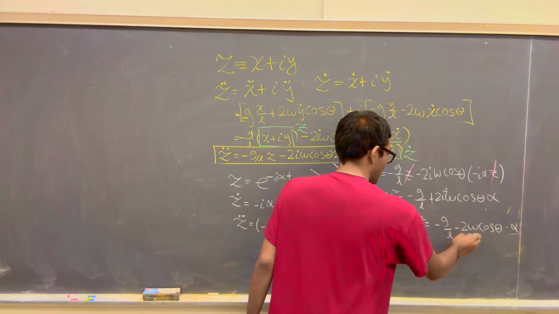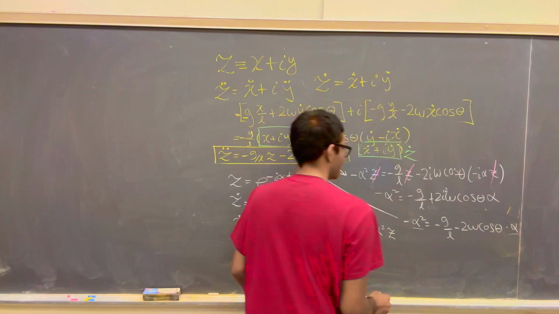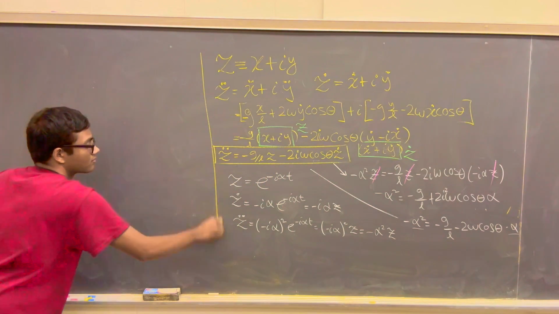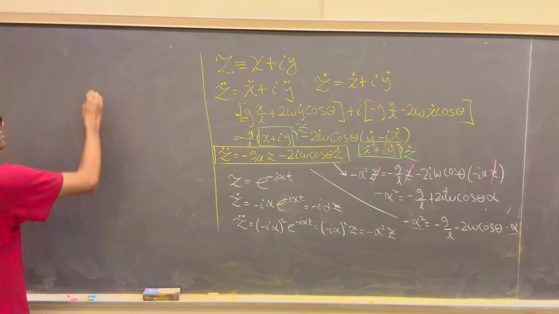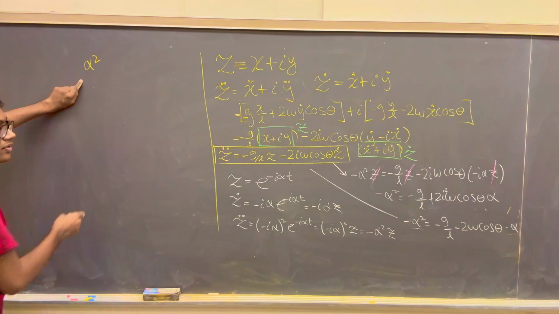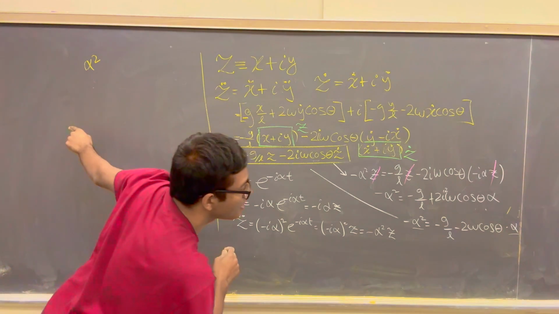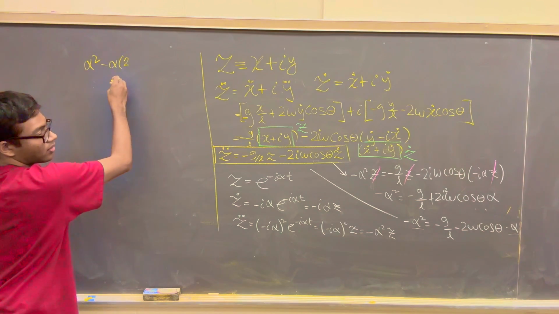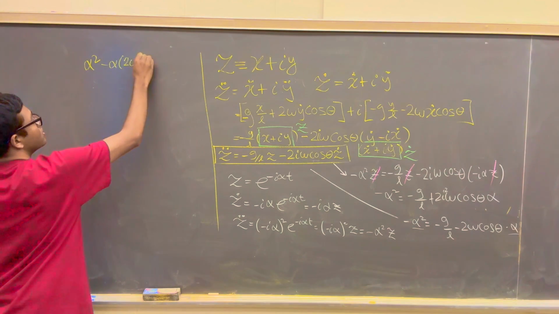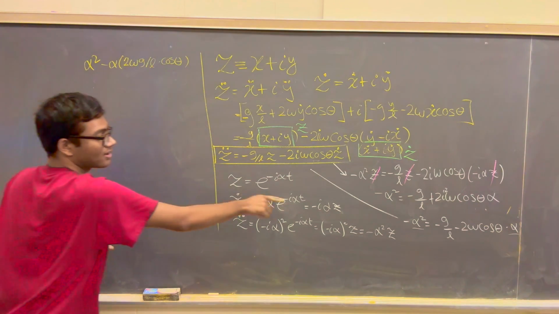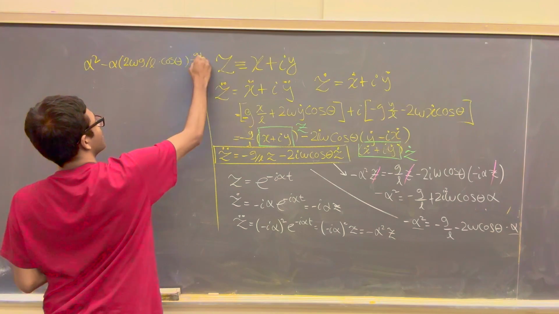So let me bring over alpha squared to the other side. So I've got alpha squared minus alpha times 2 omega cosine theta, and I've got a constant term of minus g over L as well.